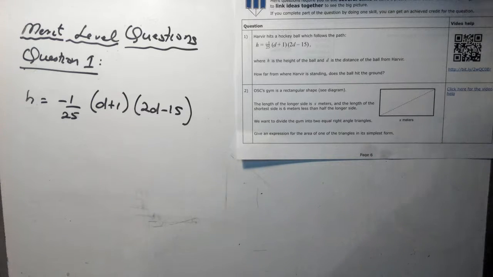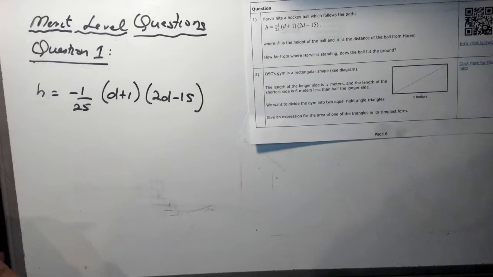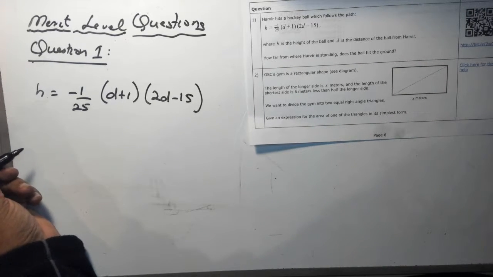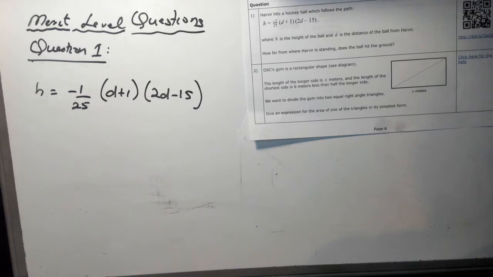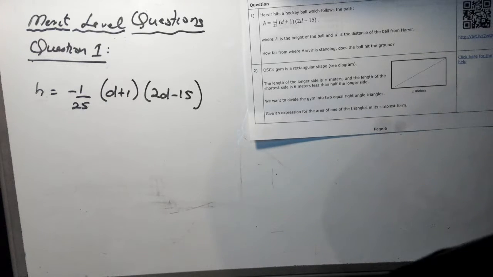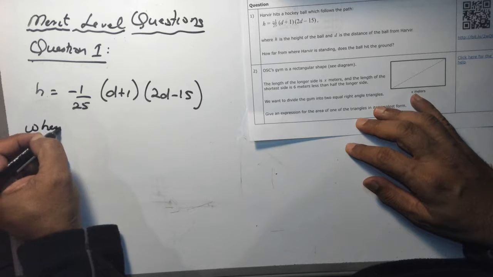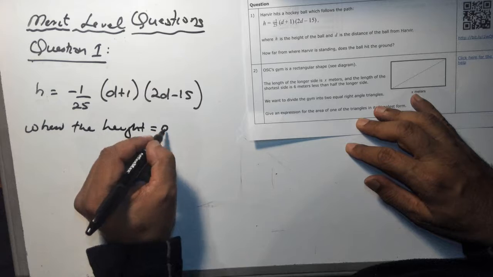So, in other words, we have to find the value of d. The only time the ball will hit the ground is when the height is 0. So the ball hits the ground when the height is equal to 0.